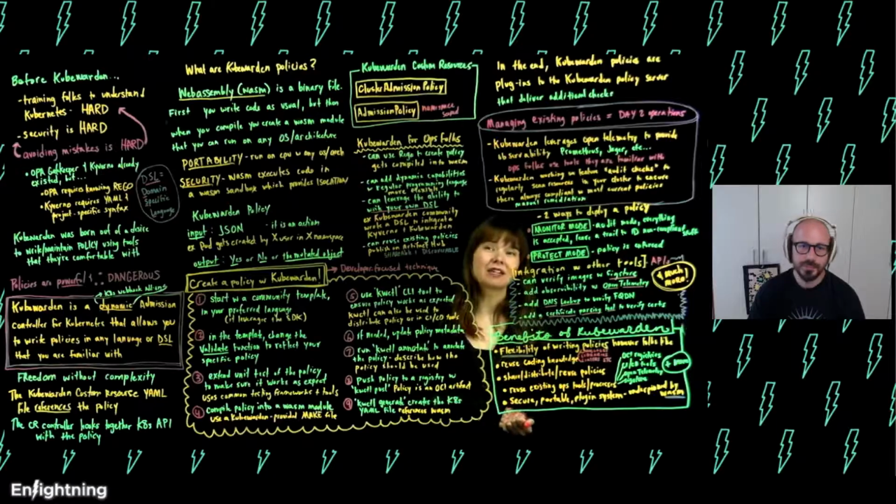But OPA is hard because you have to know the OPA specific policy language called Rego if you want to be able to use OPA. And Kyverno's cool, but you definitely have to use YAML if you use Kyverno, and they do have their policy specific syntax.